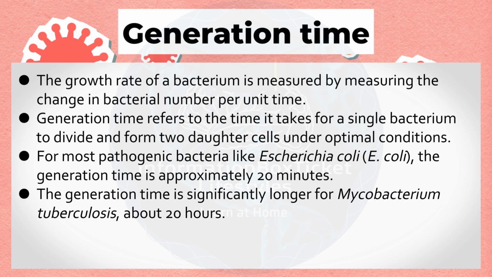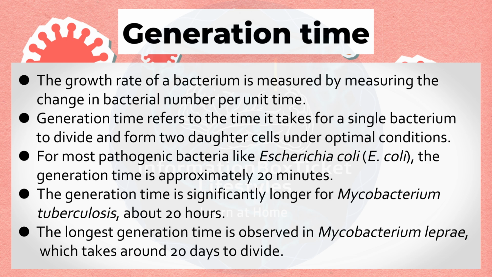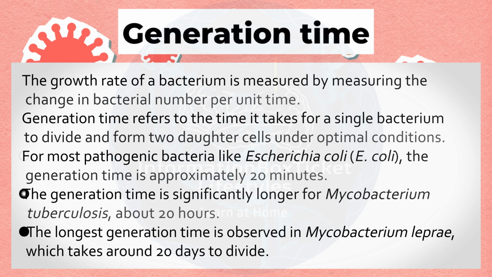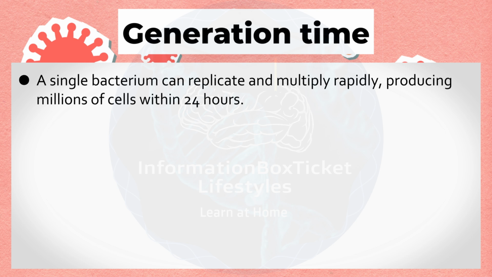The generation time is significantly longer for Mycobacterium tuberculosis, about 20 hours. The longest generation time is observed in Mycobacterium leprae, which takes around 20 days to divide. A single bacterium can replicate and multiply rapidly, producing millions of cells within 24 hours.